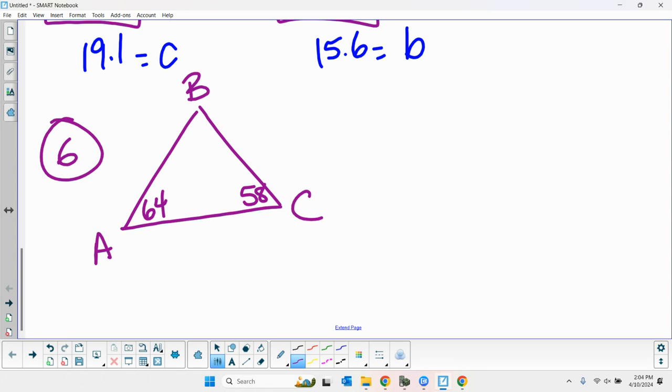And then it said the included side. So here's the 2 angles I used, A and C. So what's the included side? AB, BC, or AC? AC. You guys understand that? The included side is the one that's in between the 2 angles you're given. And that was 38.